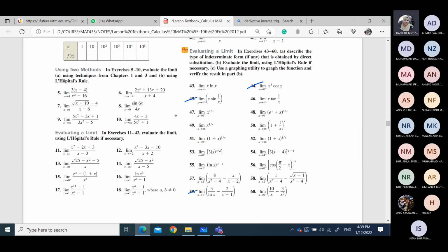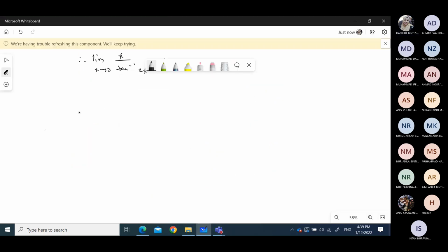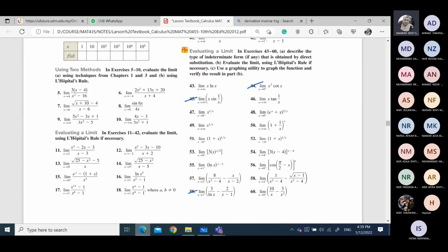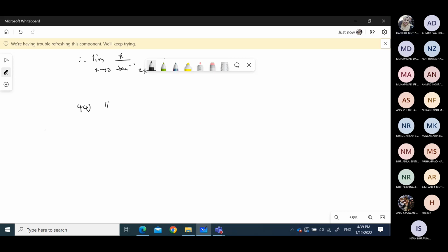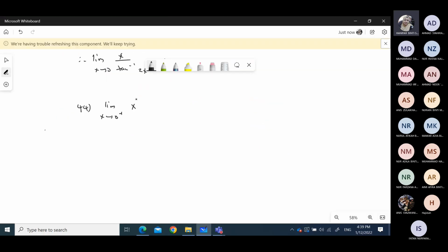Okay. Right, so kita tengok 44. Limit as x approaches 0, with the function here is x to the power of 3 times cotangent x. Okay.